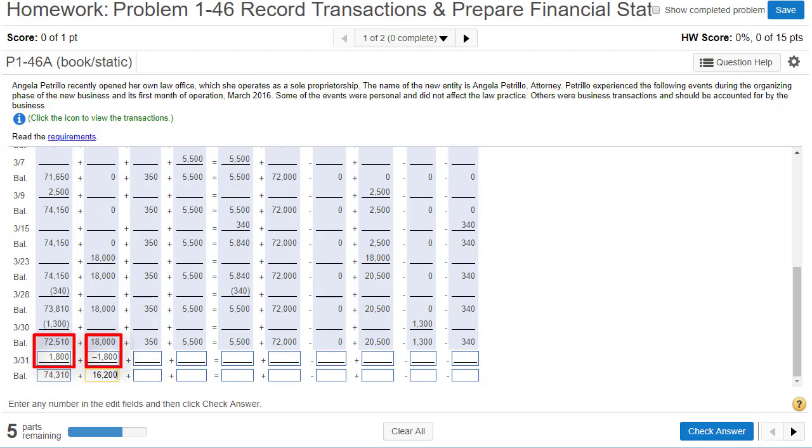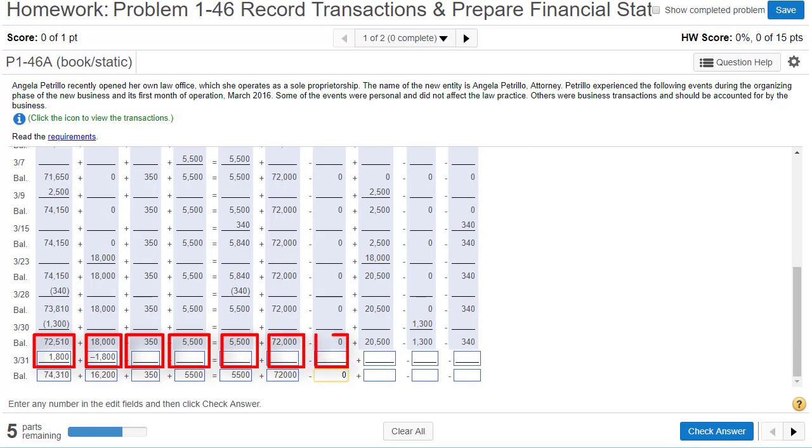I get that by taking the $18,000 and subtracting $1,800. $350 of office supplies, $5,500 of computers, $5,500 of accounts payable, $72,000 of capital, zero withdrawals, $20,500 of revenue, $1,300 of utilities expense, $340 of miscellaneous expense.